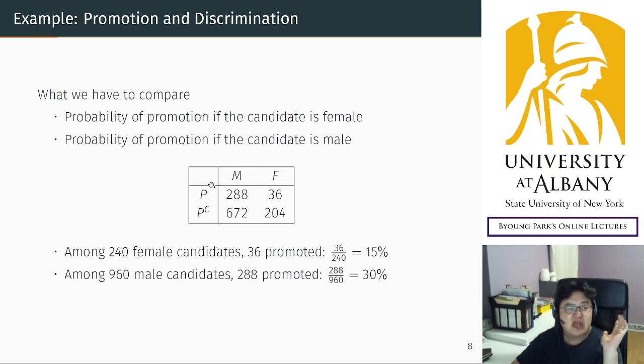But now, in this definition, there is a pool of female candidates and you choose a random candidate among females. So you already knew that this candidate is female, and given that knowledge, you are randomly choosing and checking whether the candidate is promoted or not.